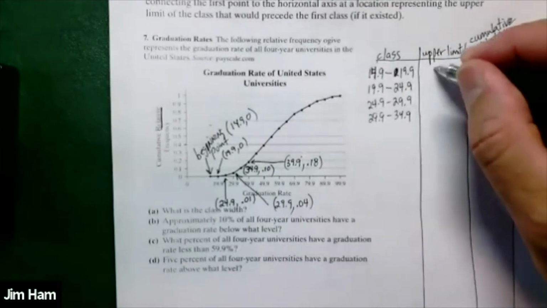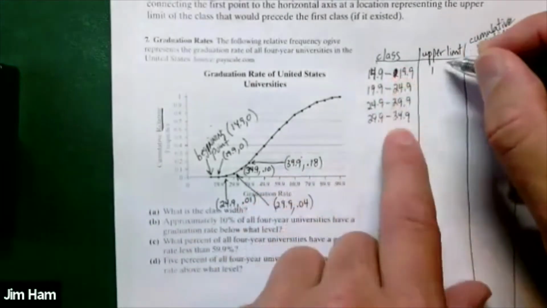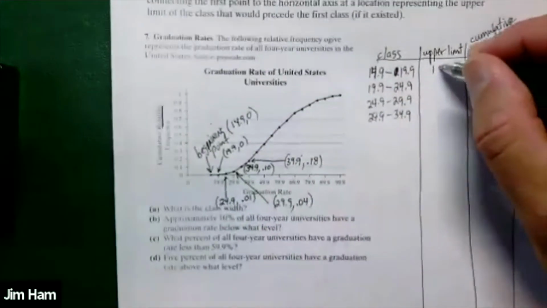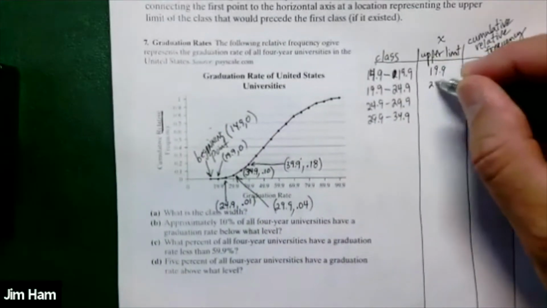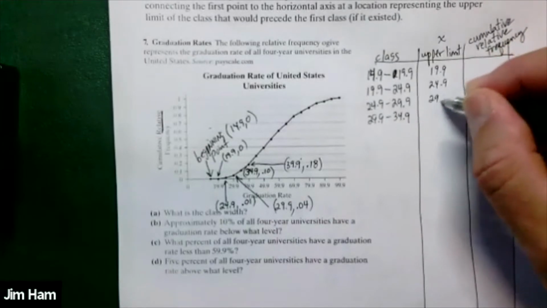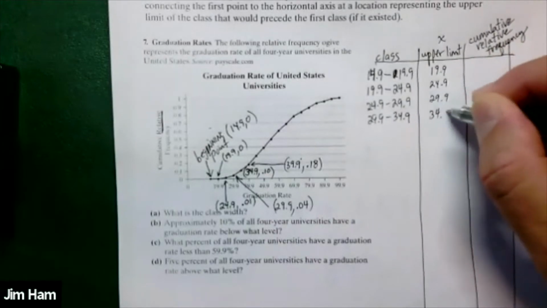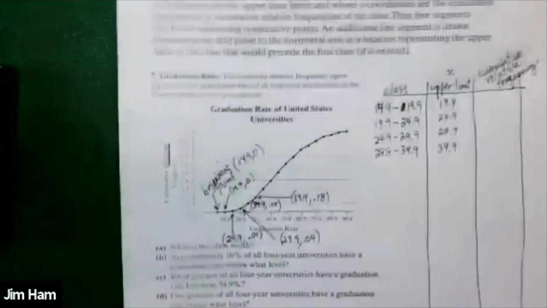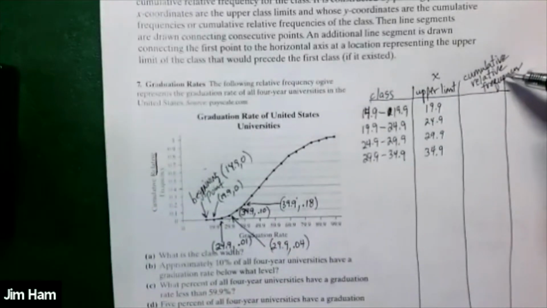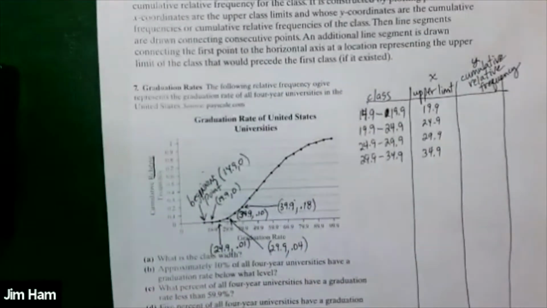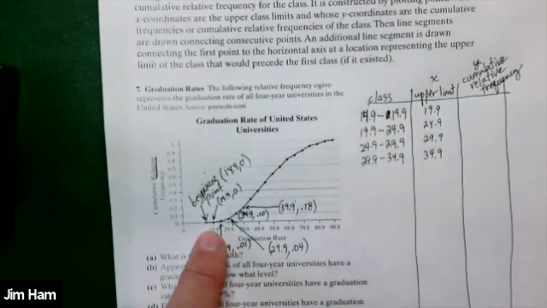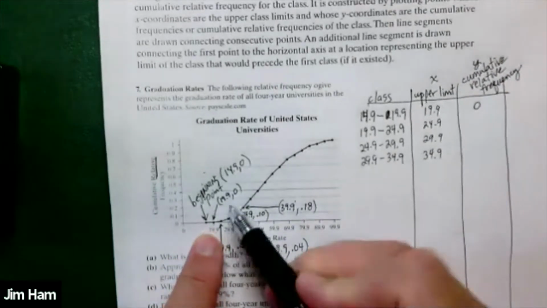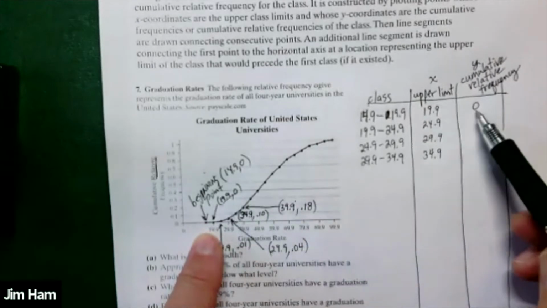Now the upper limits are these numbers over here of each class. So 19.9, this becomes our x, 24.9, 29.9, 34.9, and so on. And then the cumulative relative frequency would be what we use for the y coordinate on this graph. So I'm going to go to each point, 19.9, 0.